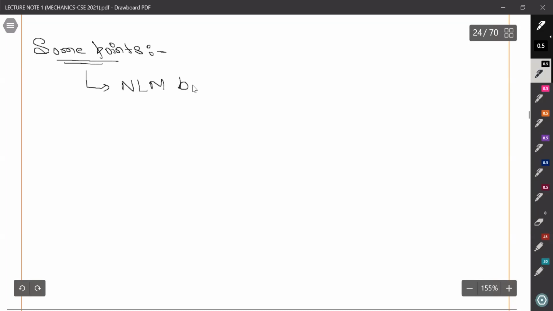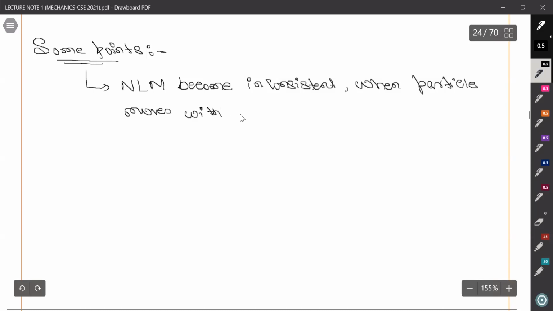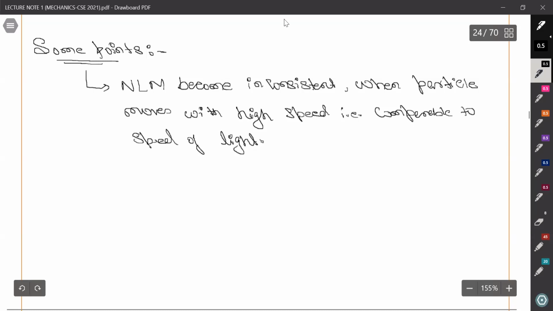Newton's laws of motion become inconsistent, we have already discussed it, when a particle moves with high speed comparable to the speed of light, because the mass scale that we use itself becomes inconsistent.